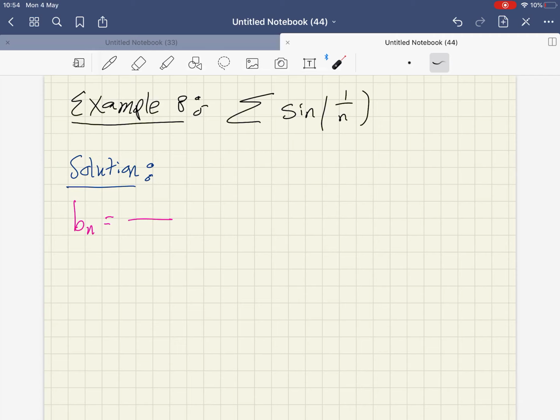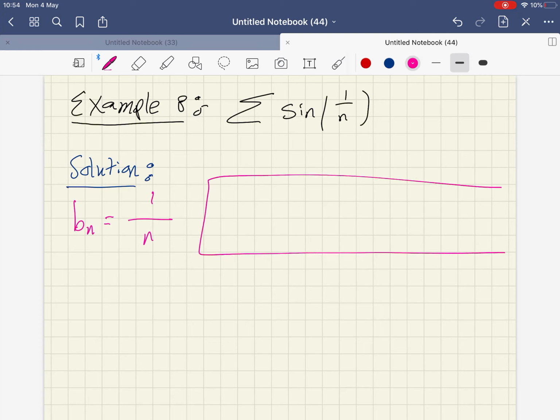Just let me try using 1 over n. Of course, 1 over n, I know it is divergent, by the p-test with p equal to 1. Now, how much is L?